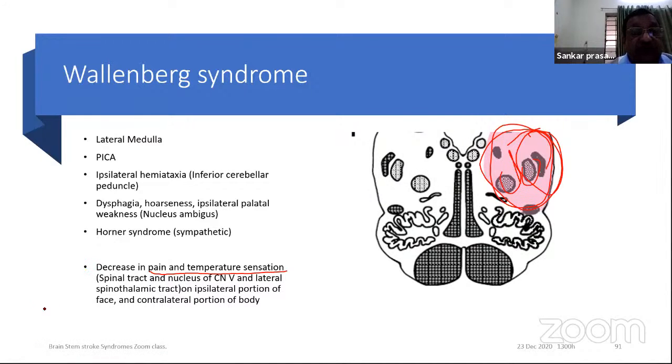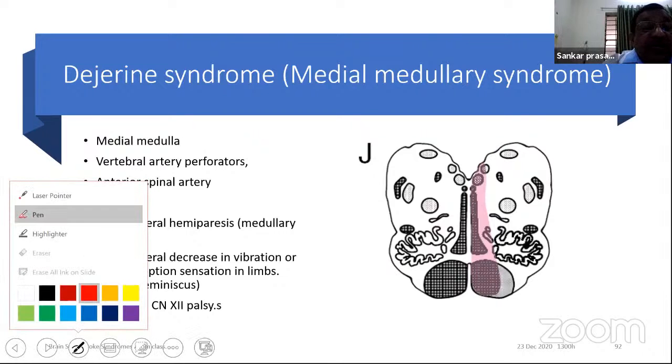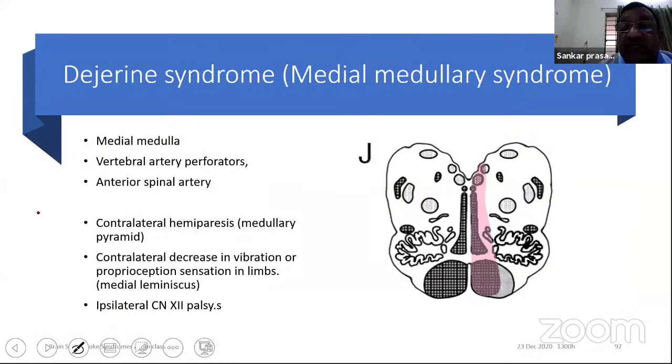The second one which you're going to see is the Dejerine medial medullary syndrome. Here there is motor weakness. There we didn't see any motor weakness, isn't it? In the Wallenberg syndrome, there is no motor weakness, whereas in the Dejerine syndrome, you have motor weakness here along with the medial lemniscus, this is the lemniscal pathway, and it is seen when the anterior spinal artery or vertebral artery perforators are damaged.